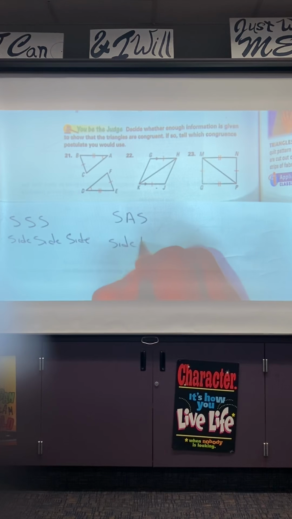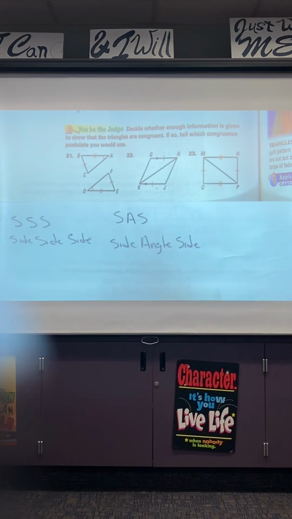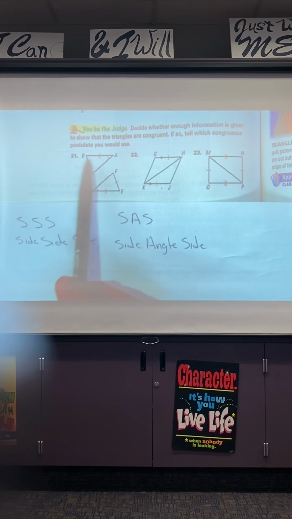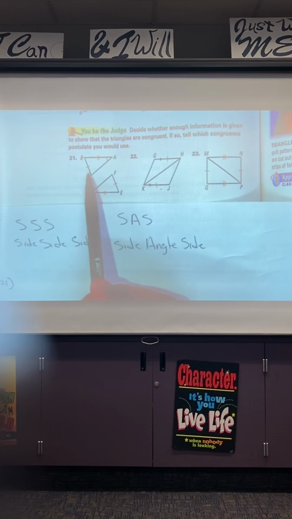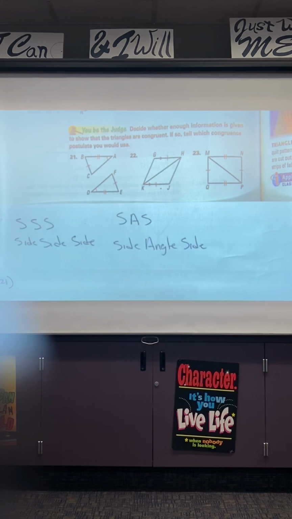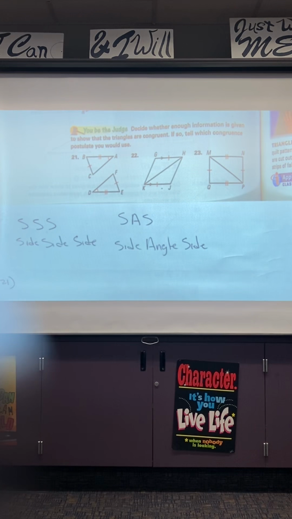So side, angle, side. I want you to take problem number 21, this one right here. Some information is given to us, but let's see if it follows the side, side, side postulate or side, angle, side. If it does, remember, the 2 triangles will be congruent.